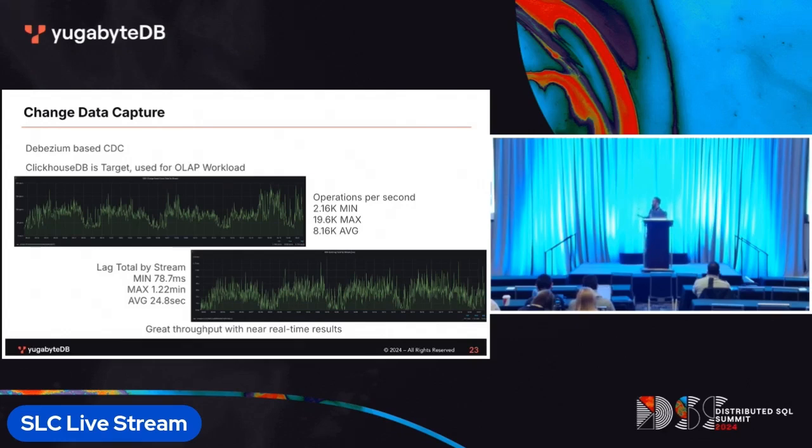What these graphs are showing is that we're operating at scales of tens of thousands of transactions a second on the right side, and that throughput goes through CDC, Kafka and ClickHouse, and on average we're at low double-digit milliseconds latency out of Yugabyte. So it's really impressive how it keeps up.